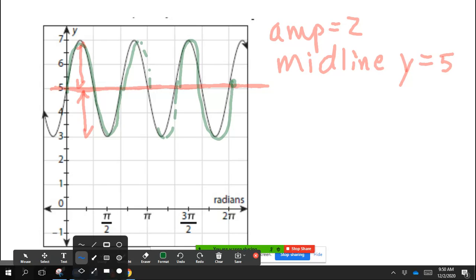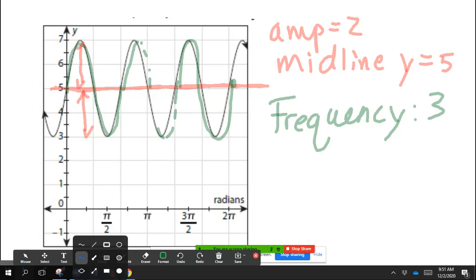So our frequency is 3 because there's 3 cycles of the sine function from 0 to 2 pi. There's 3 cyclic patterns, right? 1, I went too high. 1, back to the midline. 2, back to the midline. 3. So there's 3 from 0 to 2 pi, right? So the period would be 2 pi over 3.